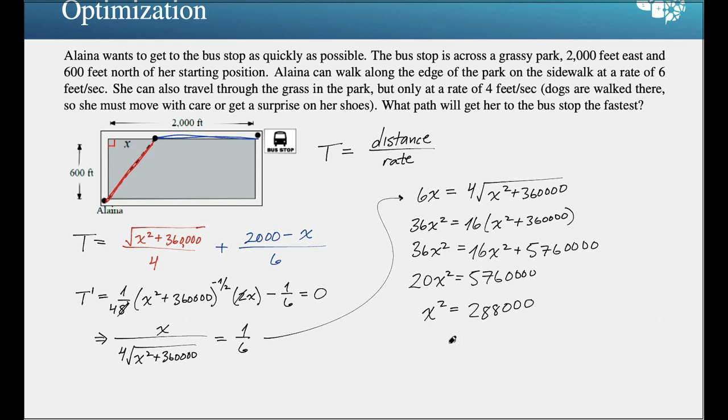And so x is the square root of 288,000. Which, if we plug that into the calculator, is about 536.656 feet. We just need to double check that this is actually a minimum.